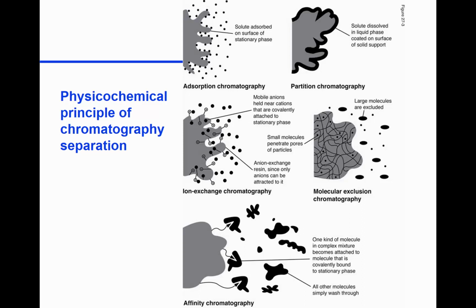No interaction. This is the single mode of separation that does not require chemical interaction for separation. It's purely on size. So ion exchange chromatography is one form of adsorption chromatography. Okay? So this falls under adsorption chromatography. Your molecules are adsorbing by charge, by electrostatic interactions.